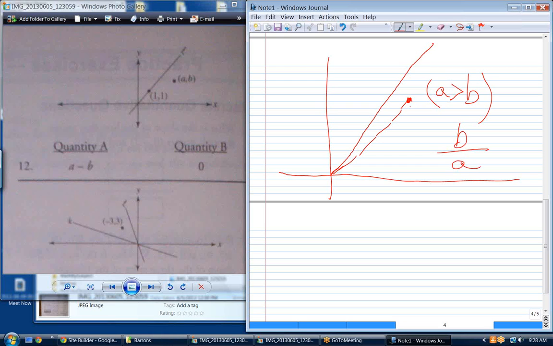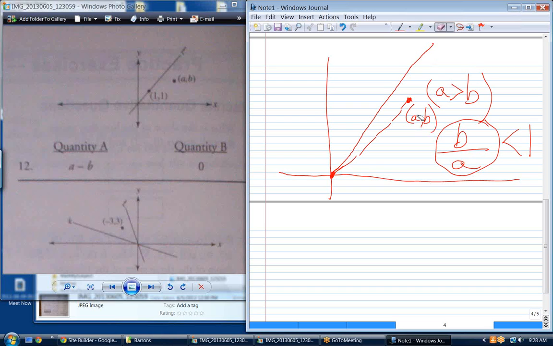In other words, this point here is A comma B. Slope is rise over run. The other end is still at the origin. So B over A we know to be less than 1, and because of that, A is greater than B. Okay. So A minus B has to be a positive number. So quantity A is larger.